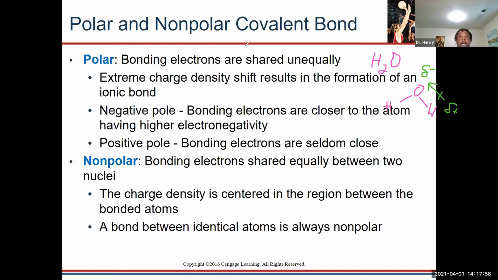I gave you guys yesterday the example of me and my sister. I like using this example because I don't like how things work in here. The electron is kind of like the toy. We're told that we have to share this. So I get it 90% of the time, and my sister gets it 10% of the time.